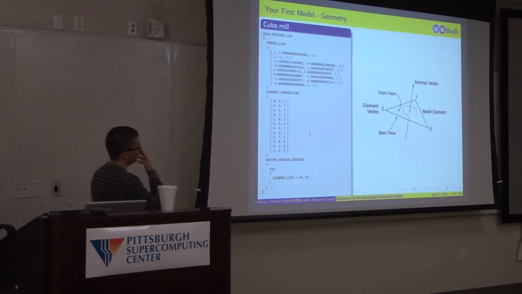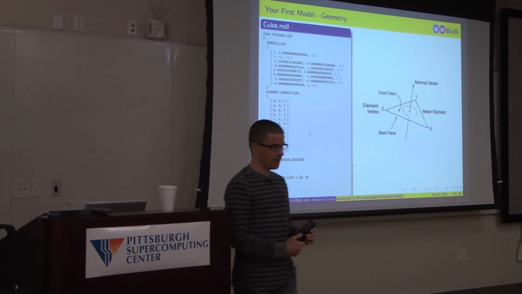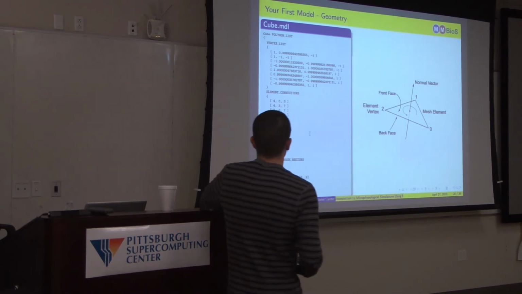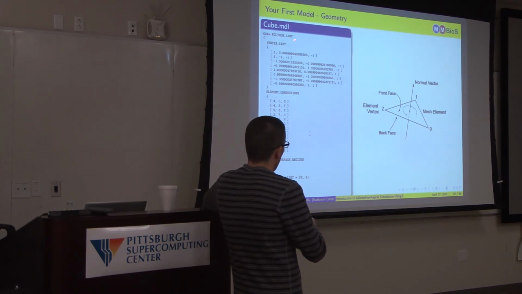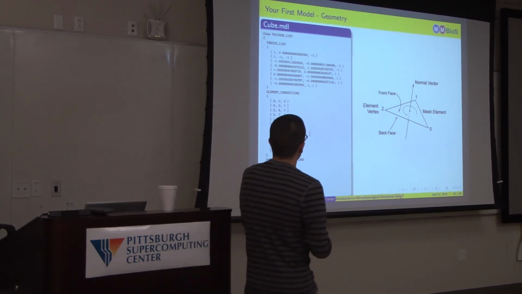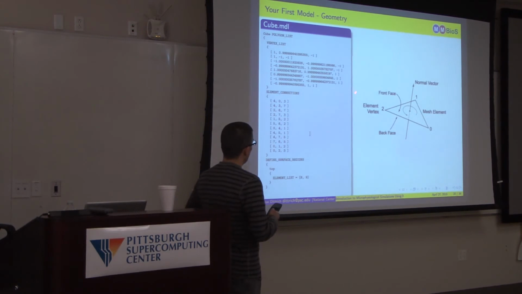So this is actually how this cube.mdl file looks. It describes the cube as a polygon list, which is how most geometries are described in MCell. And the format is fairly simple.